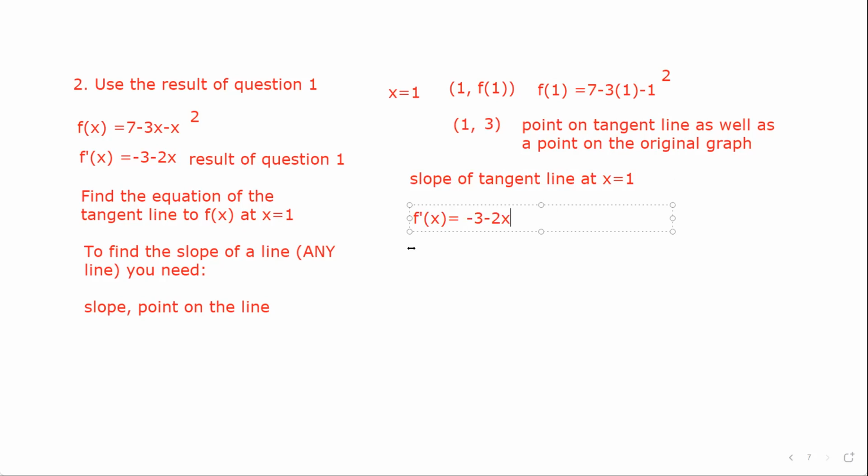And so f prime of 1 is going to give me -3 minus 2 times 1. See that? And what does that equal?